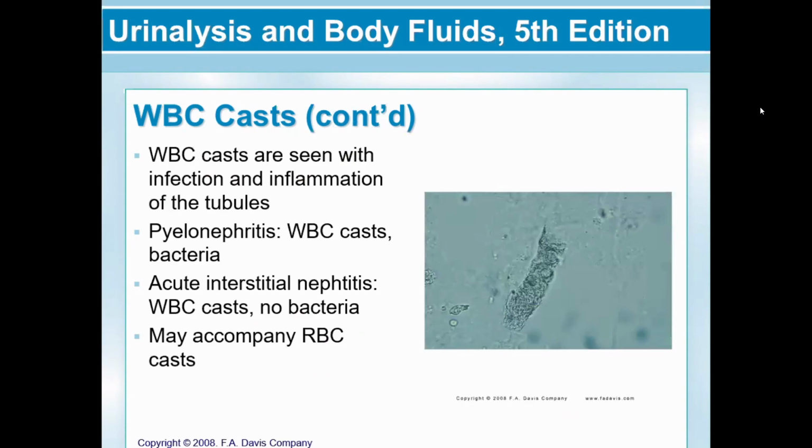So next, WBC casts are seen with infection and inflammation of the tubules. So tatandaan natin yung sinabi ko kanina sa inyo guys, paano natin madi-differentiate si pyelo from your cystitis? Si pyelo, pag may presence ng WBCs, may presence ng bacteria, positive for example yung nitrite mo and leukocyte esterase, at meron pa rin siyang casts, na hindi po natin makikita sa cystitis or lower UTI.